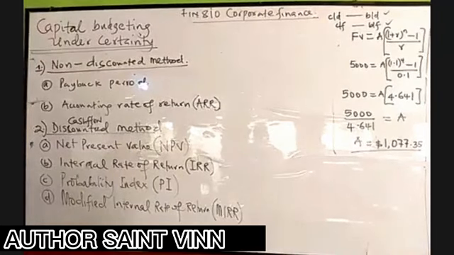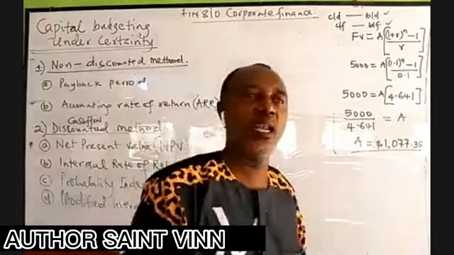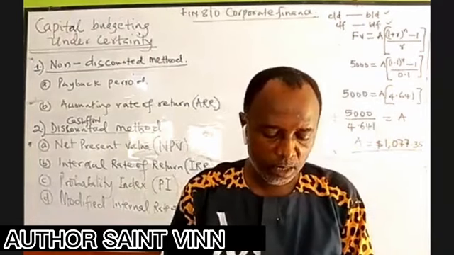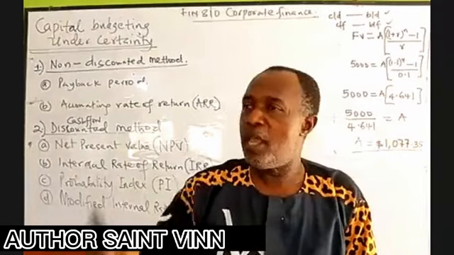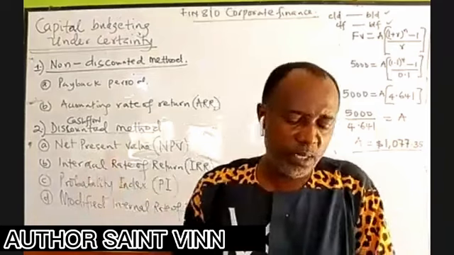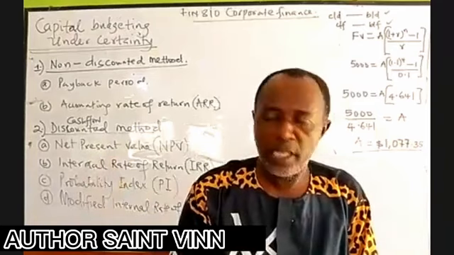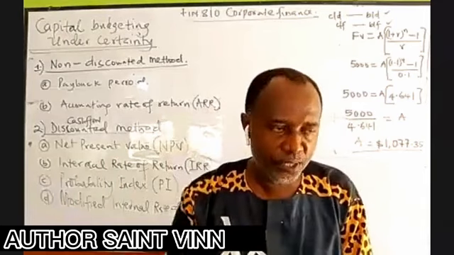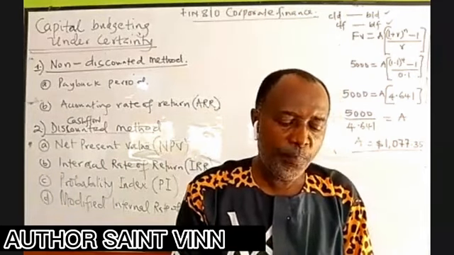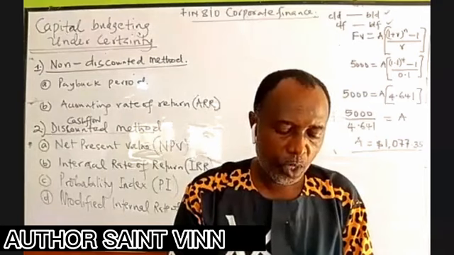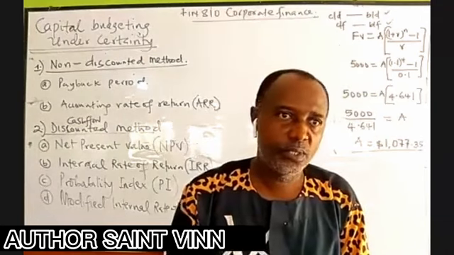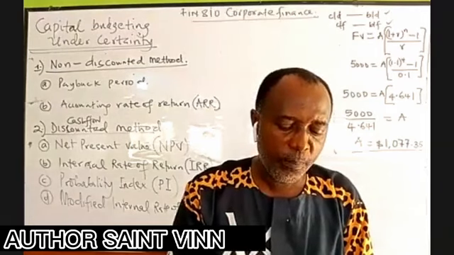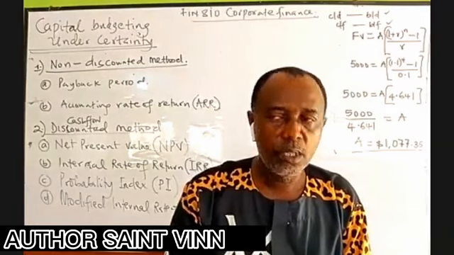Question 1 for today, for capital budgeting under certainty. A firm or a company, whichever one, is faced with the problem of choice between two projects.